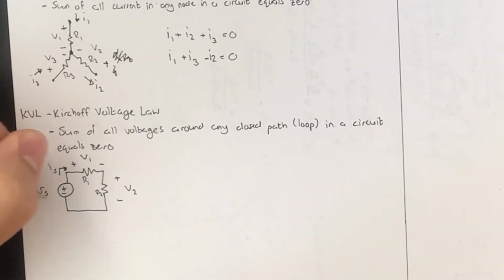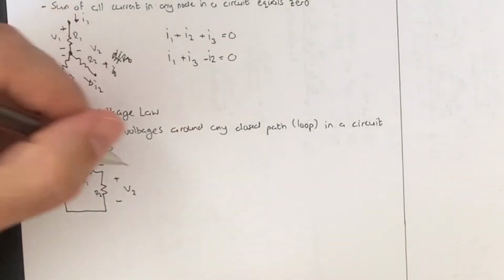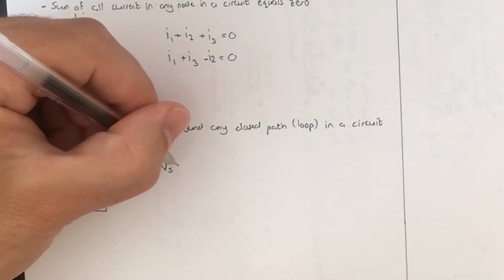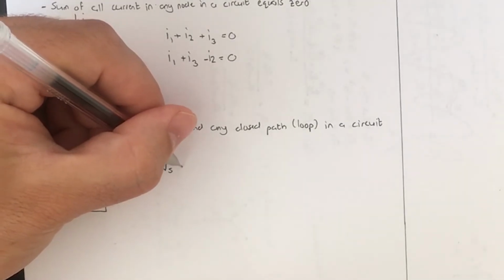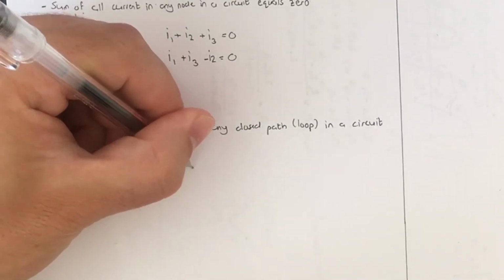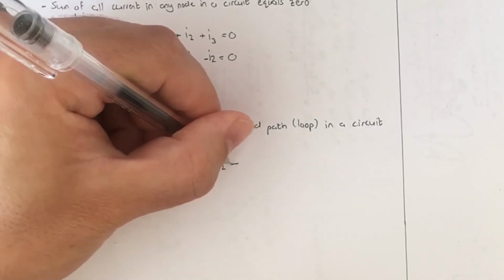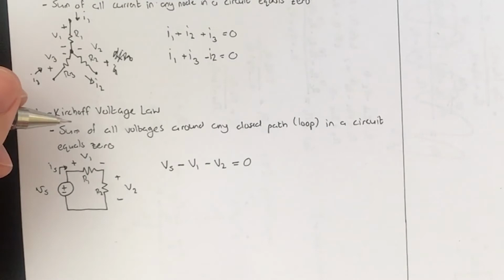So this is the current flowing out of Vs. So Kirchhoff's voltage law says that Vs, this voltage, minus V1 minus V2 equals 0.